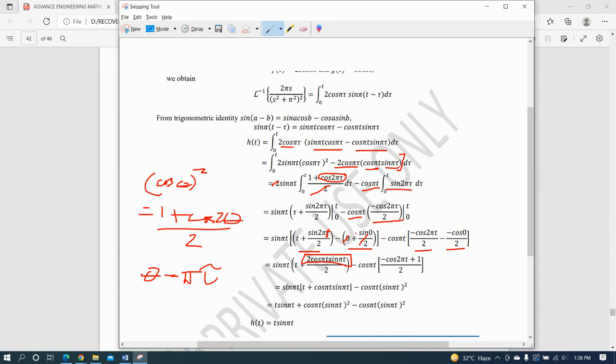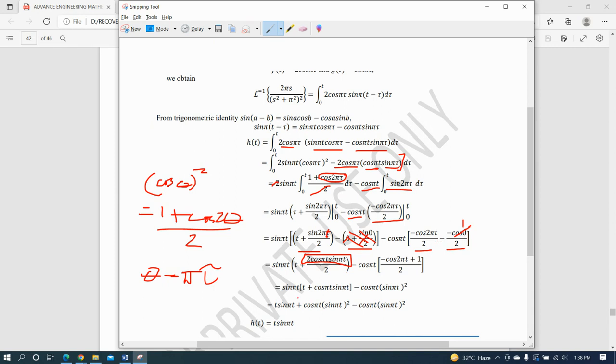So, wala na to, nag-cancel out na lang tong part na to, guys, kasi 0 na sila. Okay? So, we have minus cosine pi t times, ito is equal to 1. Okay? Negative times negative, so positive na siya. So, meron tayo ditong negative cosine 2 pi t plus 1 all over 2. Na-LCD ko na rin kasi same lang naman ng denominator.